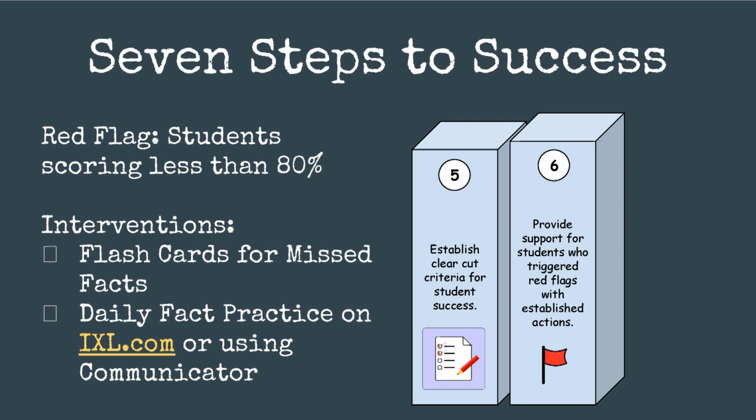It's just an arbitrary number. We can debate whether that's a real number or not. Any student who is 80% or above has passed that test and is going to move on to the next objective. Anyone who is less than 80% is automatically going to trigger some actionable steps.